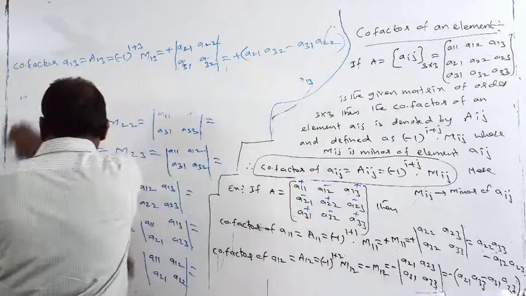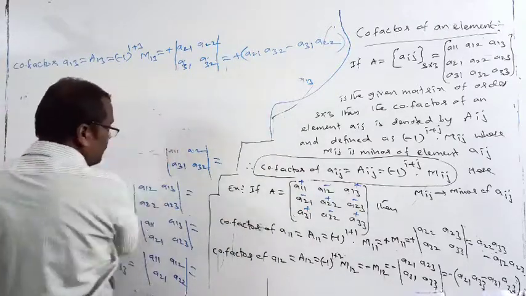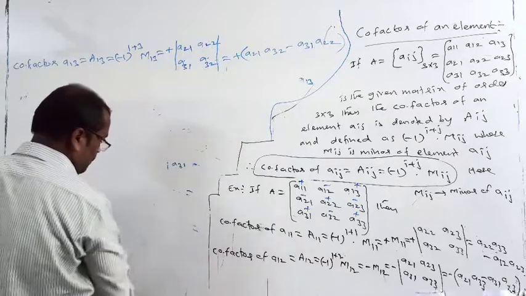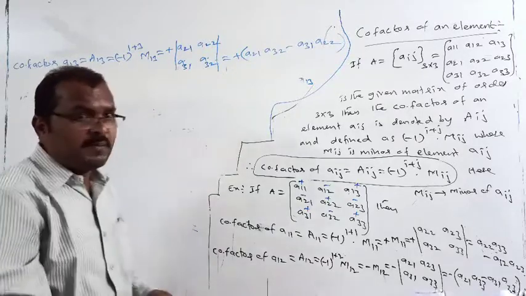So like that you can write the remaining 6 cofactors. You will write the remaining 6 in the next class.